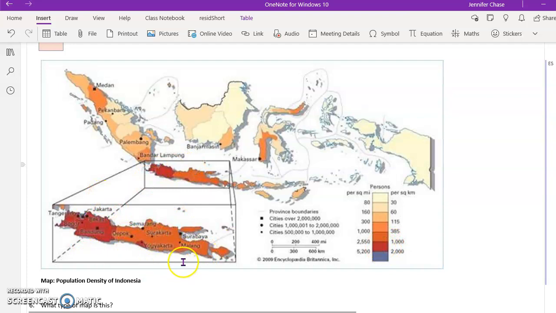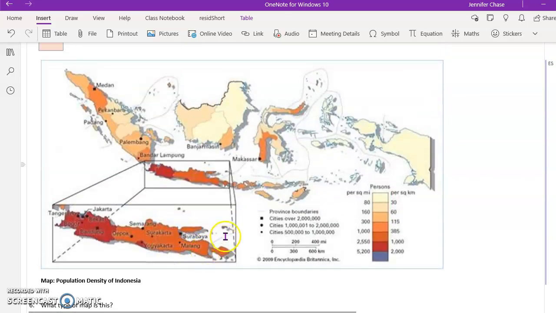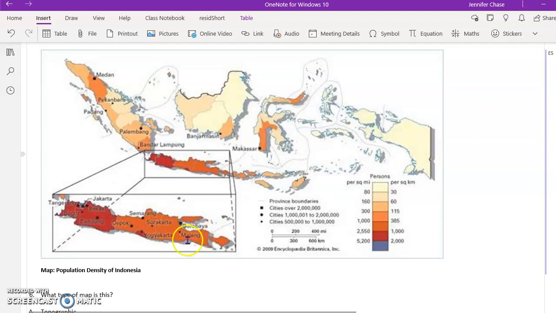So try and quantify it. And then an exception, I'm going to give this one to you guys. If you look, there are exceptions. You might want to mention how there are some other areas with dense population on other islands, and you will want to go back to the first map to say what this island is.